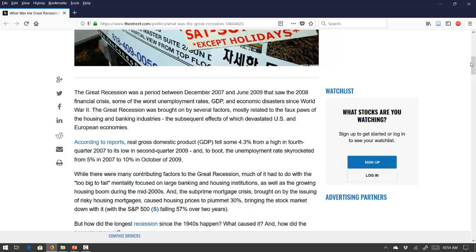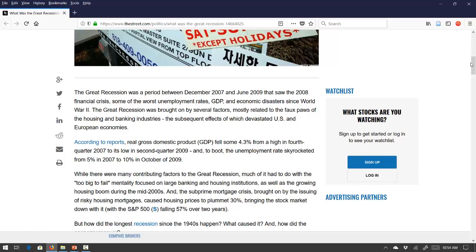While there were many contributing factors to the Great Recession, much of it had to do with the too big to fail mentality focused on large banking and housing institutions, as well as the growing housing boom during the mid 2000s. Now, here's the important question.